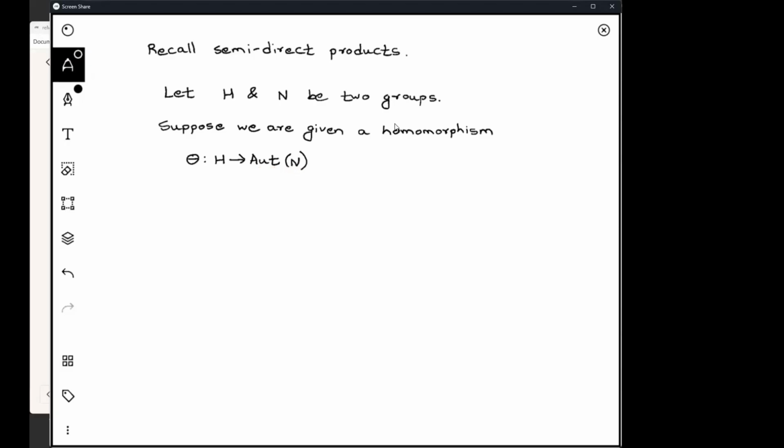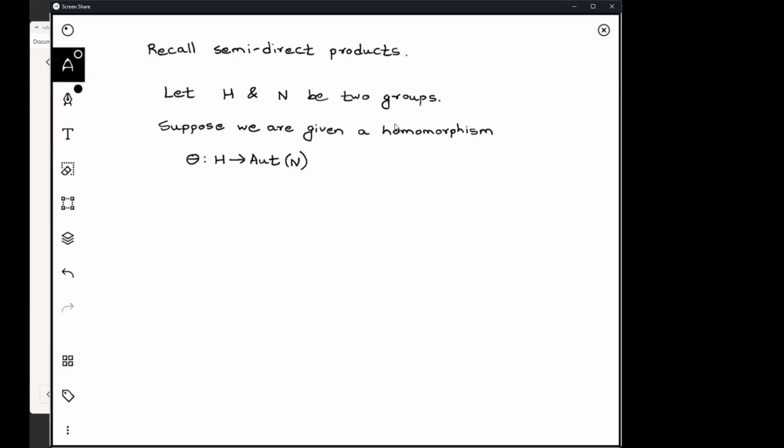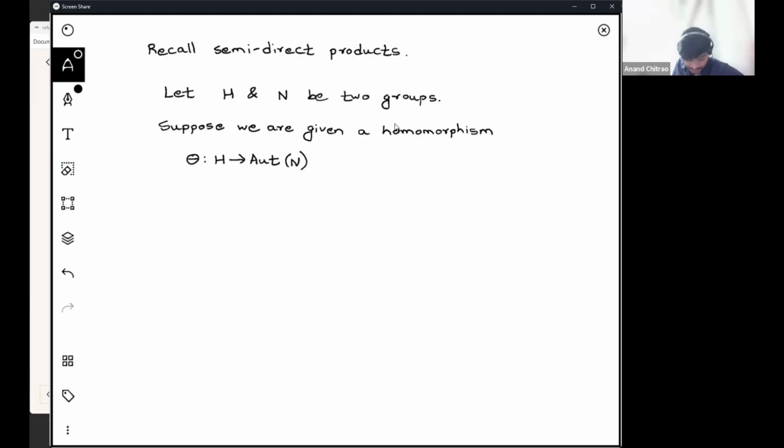An automorphism from a group to itself. Yes. So this is the group of isomorphisms from N to itself. Aut N is a group under which operation? Composition of functions.